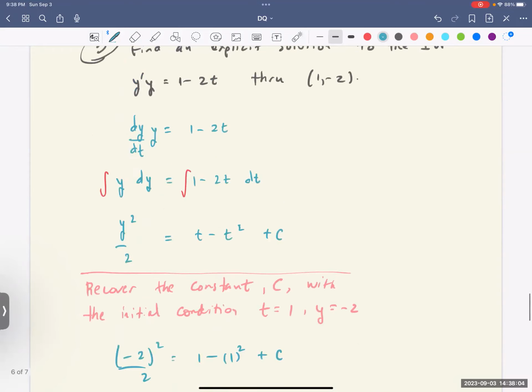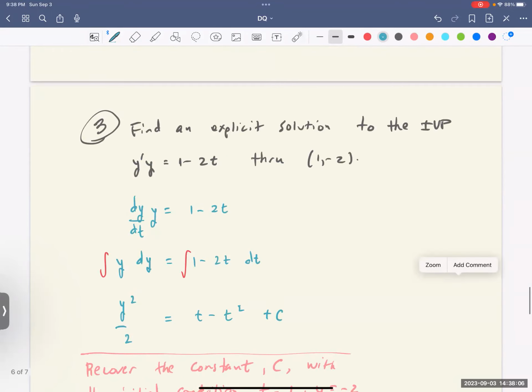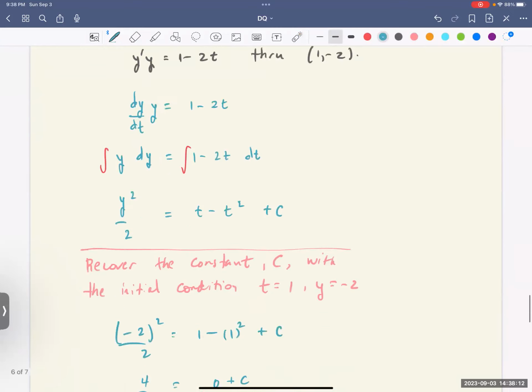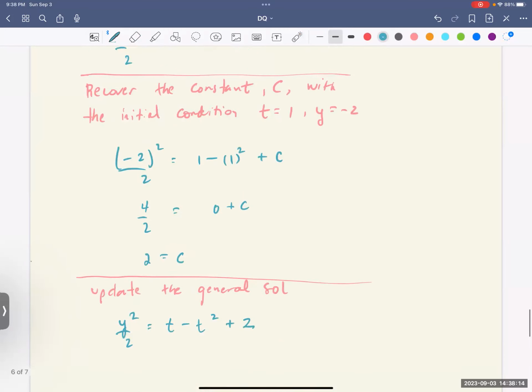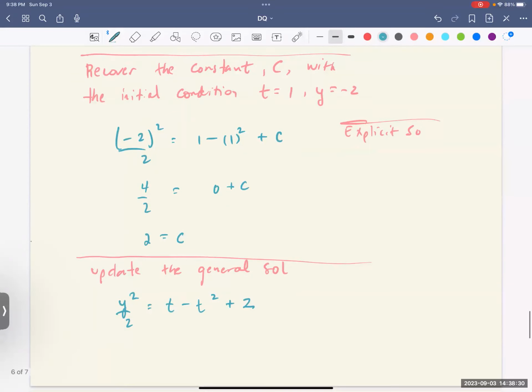Did it say explicit? Yeah, we want an explicit solution. So let's go back and find an explicit solution. If we solve here for y, we would move this 2 to the right-hand side.